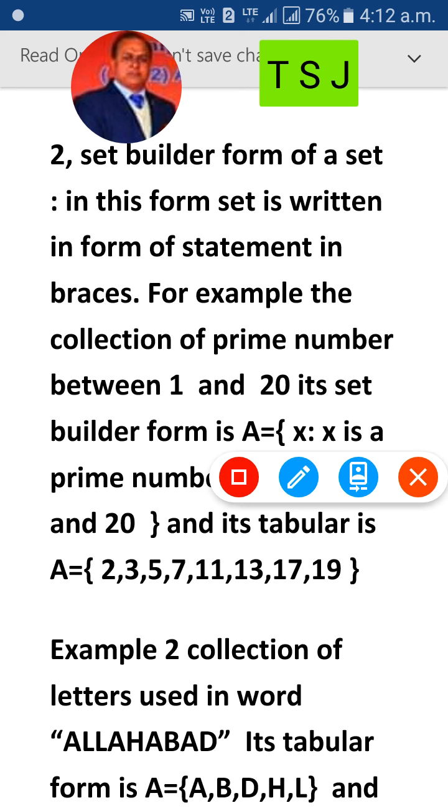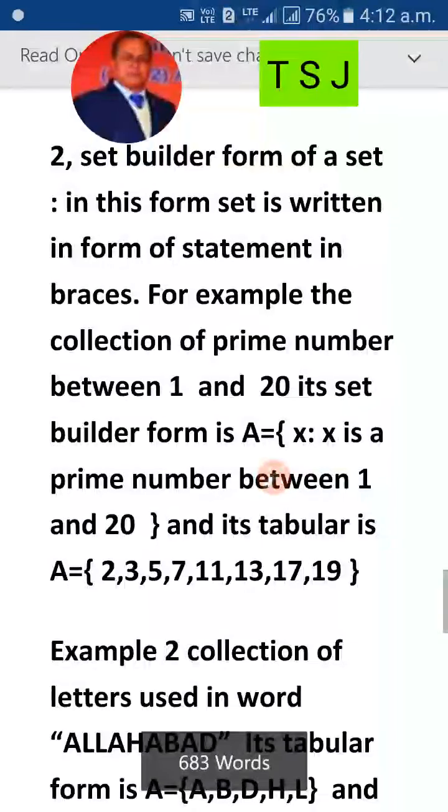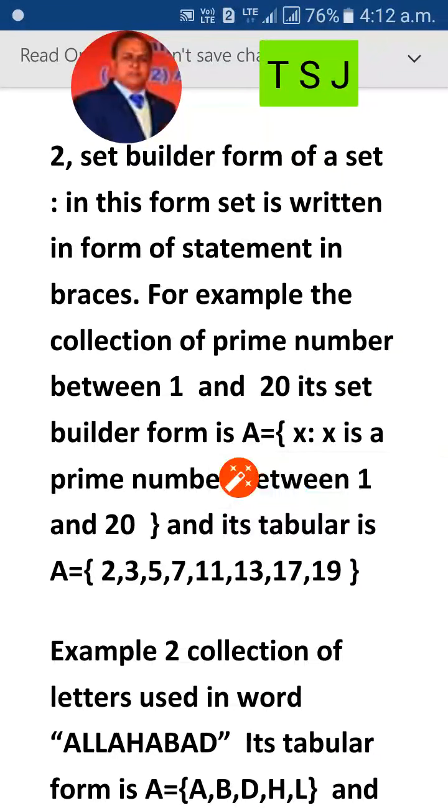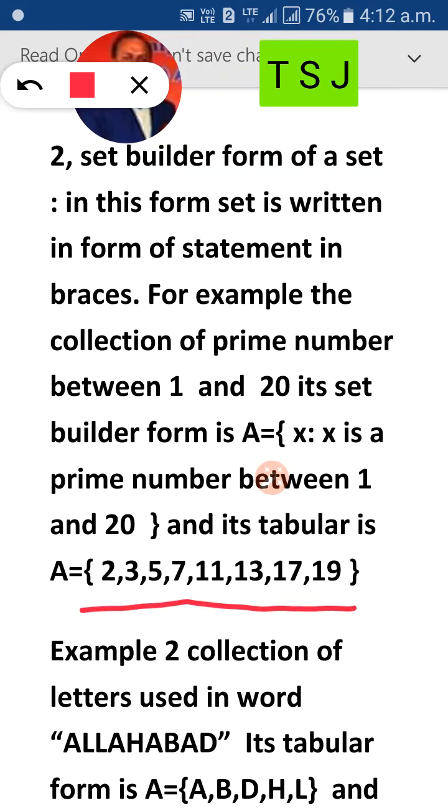We are listing here the prime numbers less than 20: 2, 3, 5, 7, 11, 13, 17, 19. This is tabular form, and the set builder form is A equal to x such that x is a prime number between 1 and 20. This statement covers all the prime numbers which are listed here. So this is a set builder form.